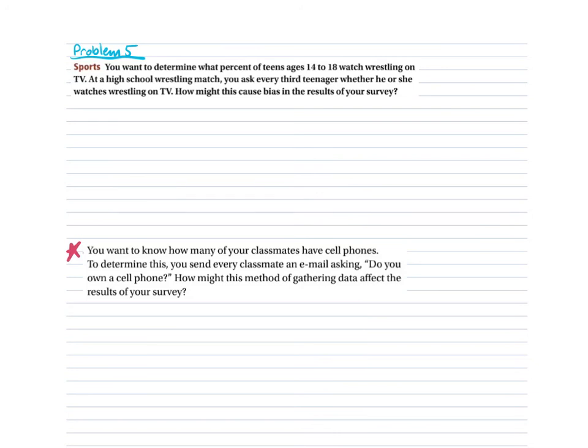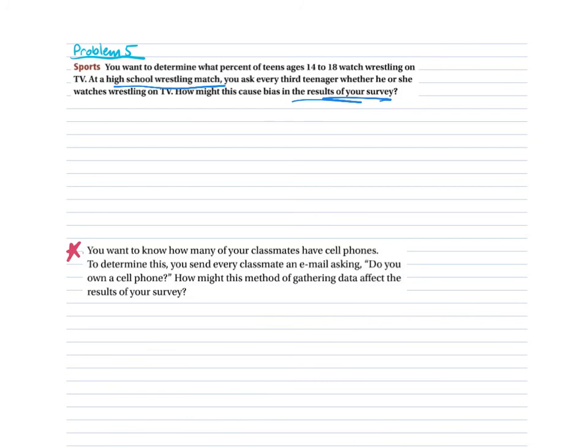Well, if you're at a wrestling match, people are there because they like wrestling, right? Or at least high school wrestling. So there's more of a chance that they're going to watch wrestling on TV. So the results are going to make it seem like more people like wrestling than they do. Because if you're at a high school wrestling match, the chance that they like wrestling on TV is higher than a teenager who's at the mall at the same time. They probably aren't as interested in wrestling.